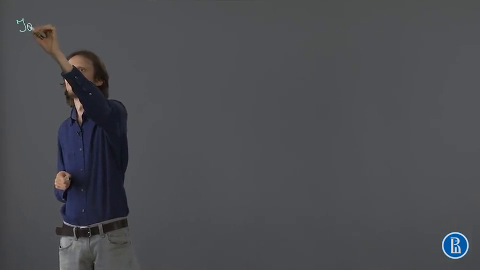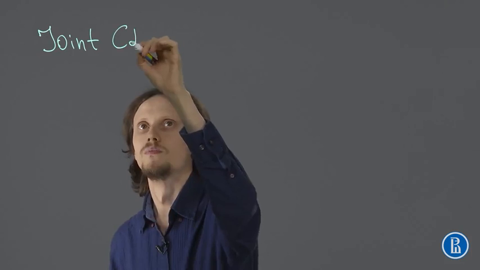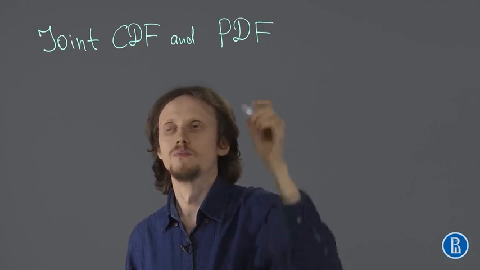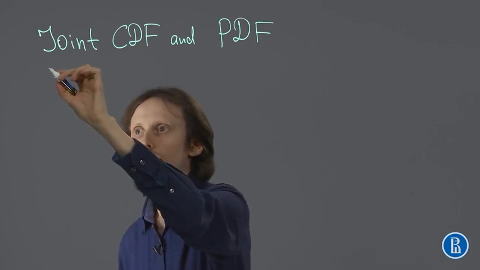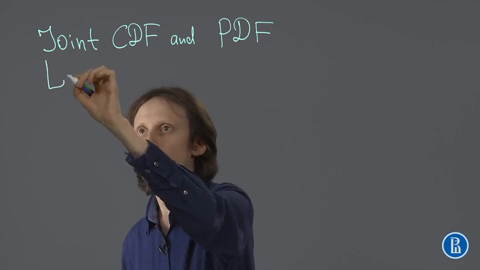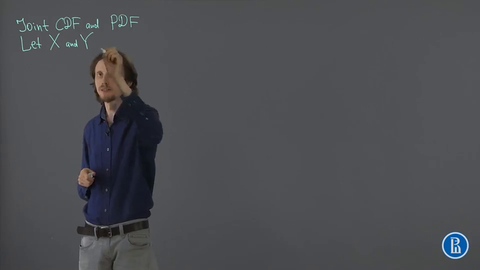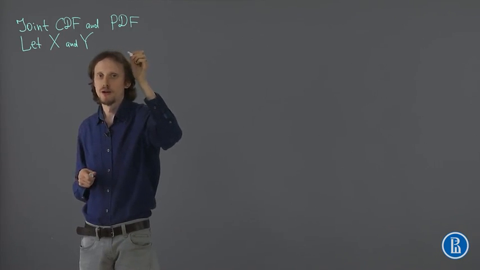If we have two random variables and are interested in interaction between them, we have to consider joint distribution and joint probability density function. Suppose that x and y are two random variables that are defined on the same probability space.